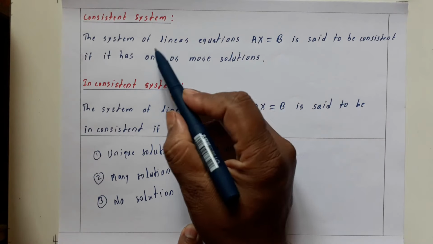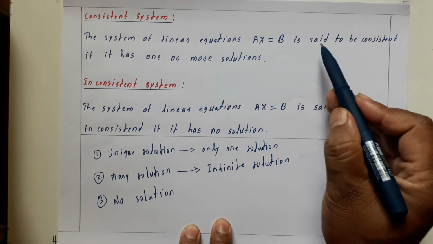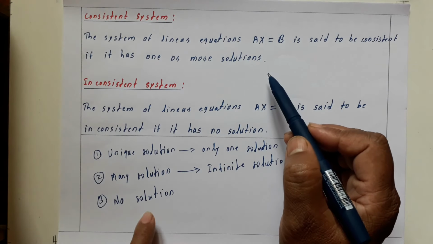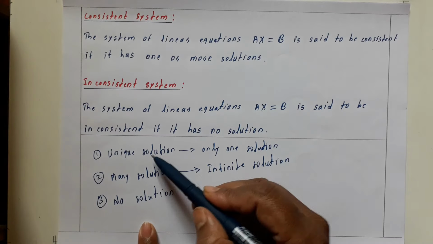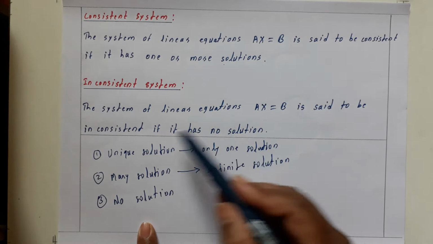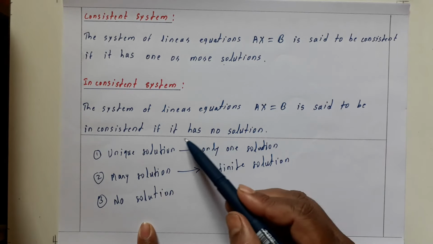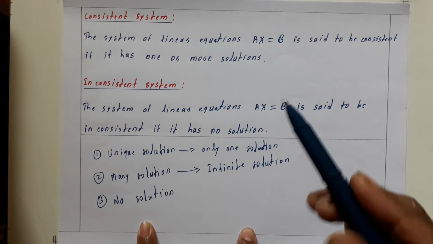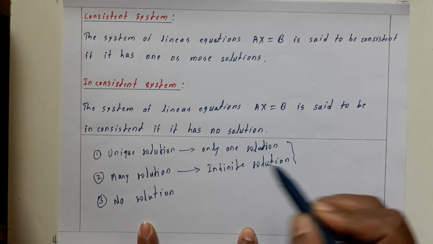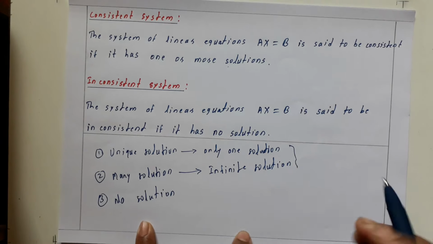That means the system of linear equations A times x is equal to b is said to be consistent if it has one or more solutions. So one solution means unique solution, more solutions means infinite solutions. The system Ax is equal to b is said to be inconsistent if it has no solution. That means system is consistent means system has one or more solutions, and system is inconsistent means system has no solution.